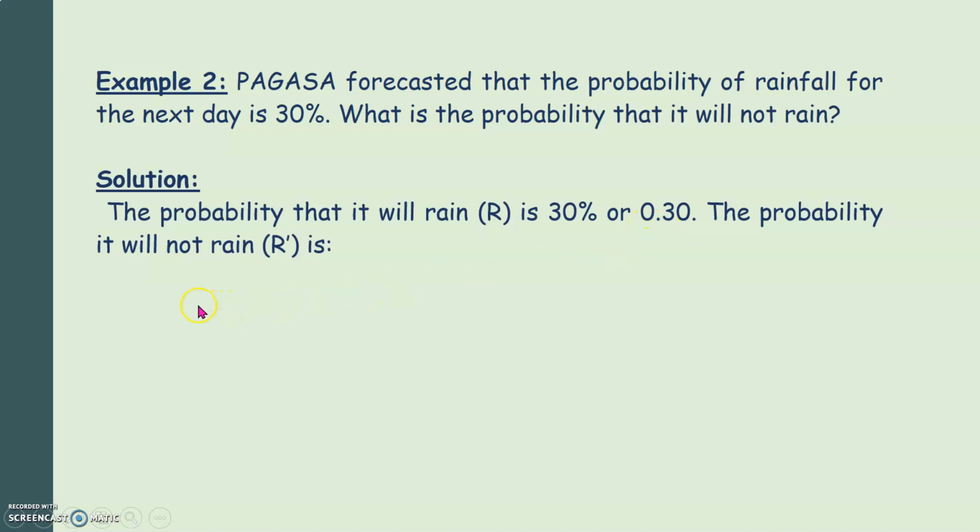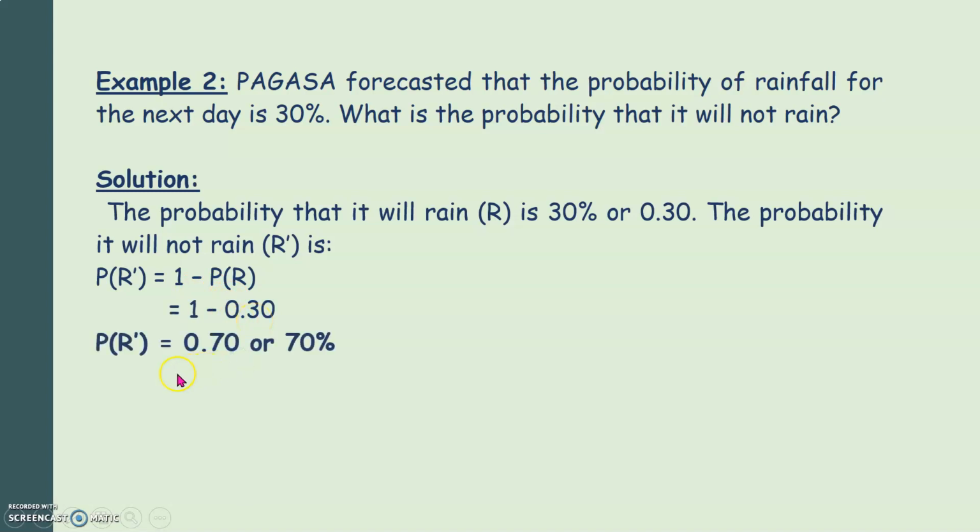So the probability that it will not rain, or the complement of R, is equal to 1 minus the probability of R, or 1 minus the probability that it will rain. So that's 1 minus 0.30, that's 0.70, or in percent, 70%. So there is a 70% chance that it will not rain the next day.